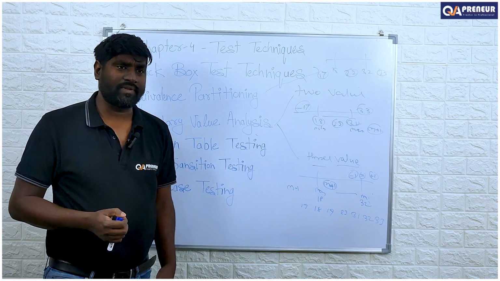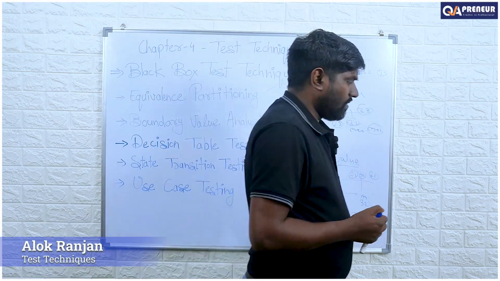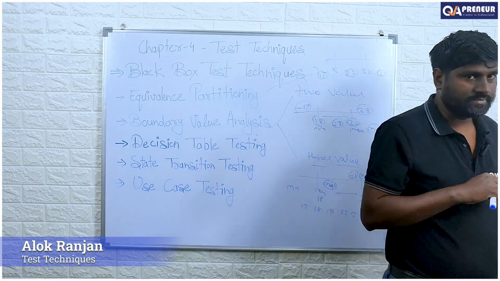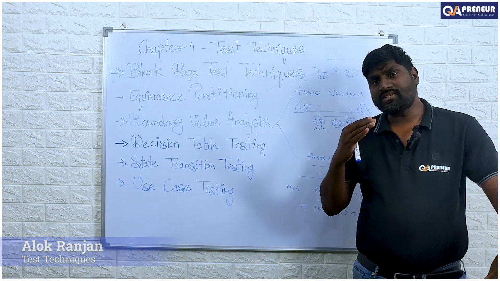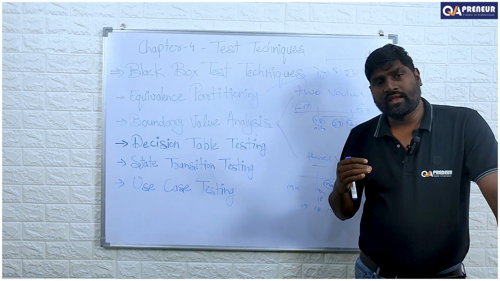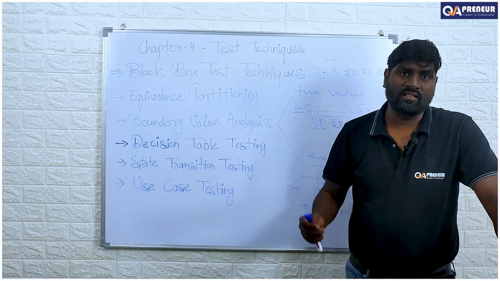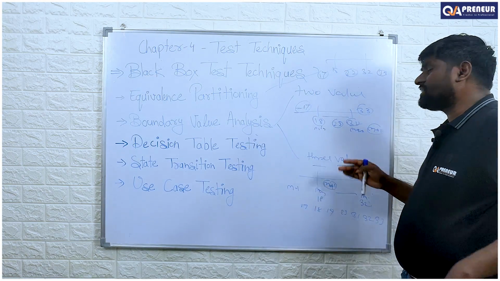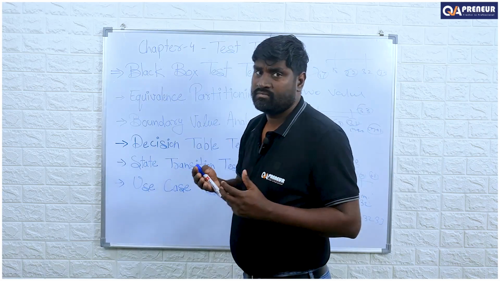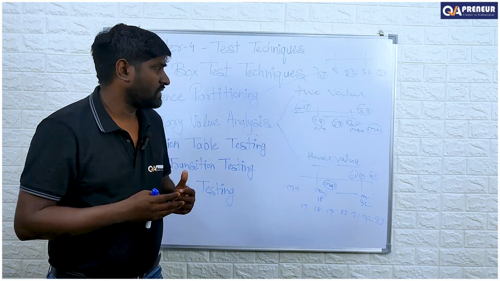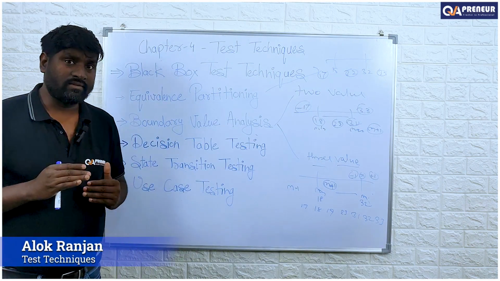Let's say a person having category OBC, SC, ST, general, and we are giving a certain age limit advantage. So there is a condition applied.